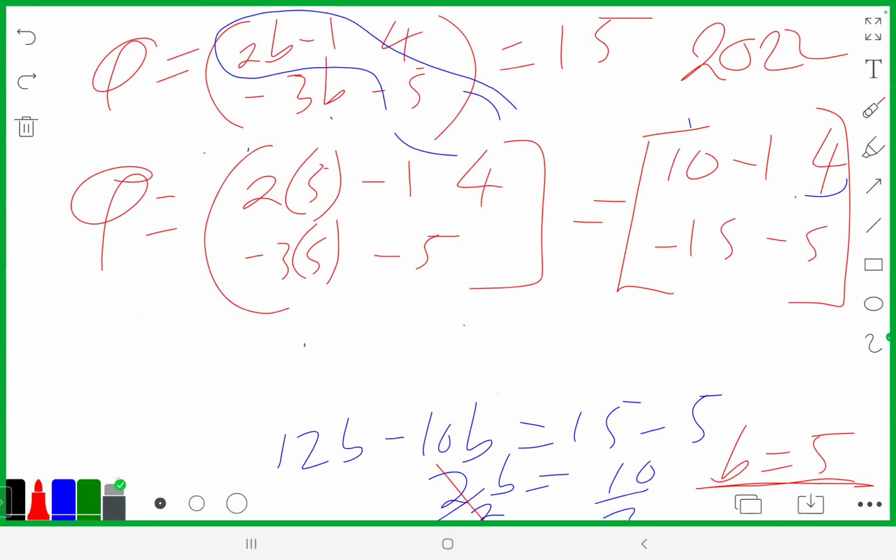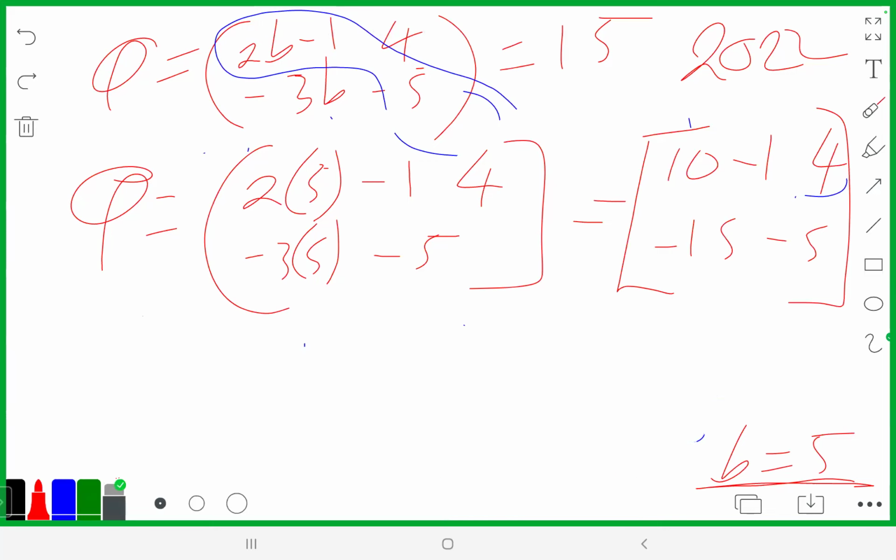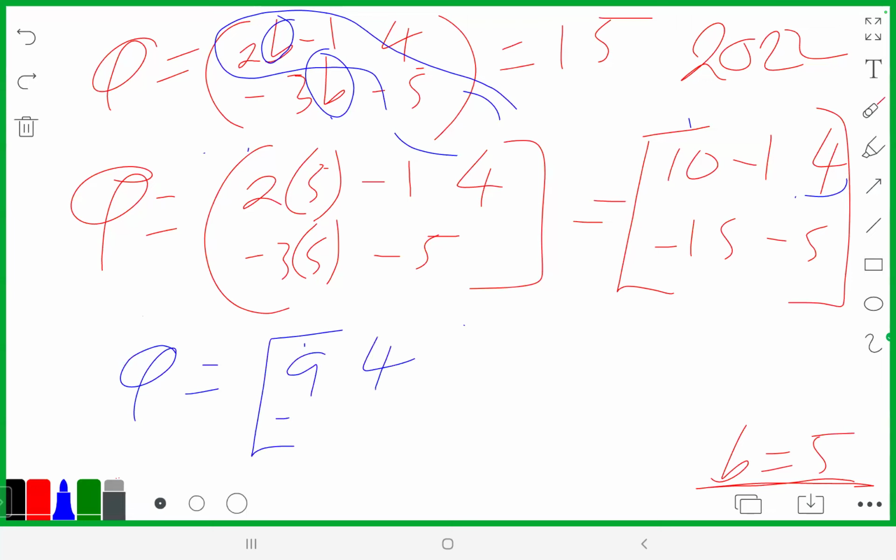Okay, so where there is B, you put the value of B. Have you seen here there was B? There was B here, we have put 5. Even here there was B, I've put 5. So from there we know that Q shall be equal to 10 minus 1 is 9, 4, negative 15 here, and the negative 5.